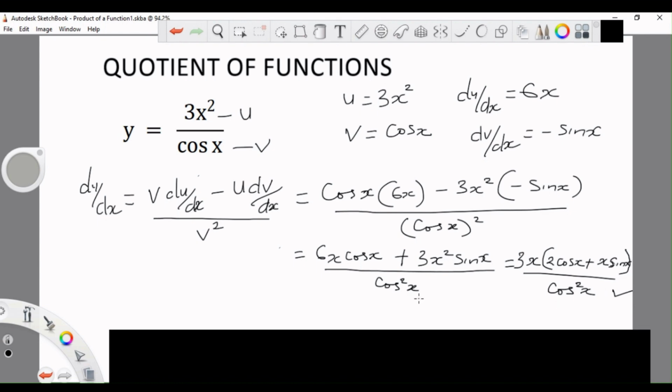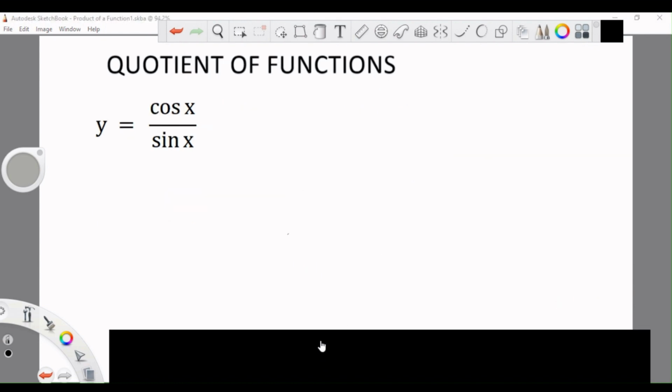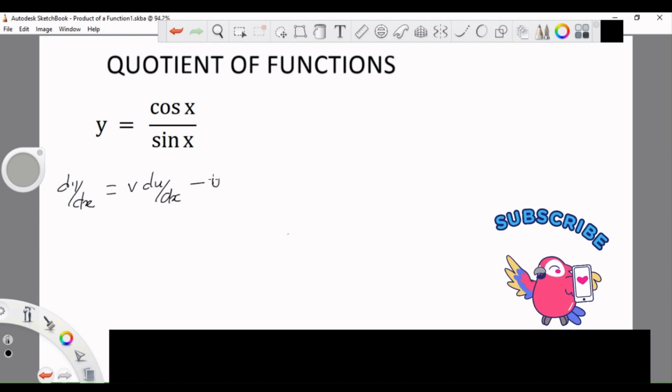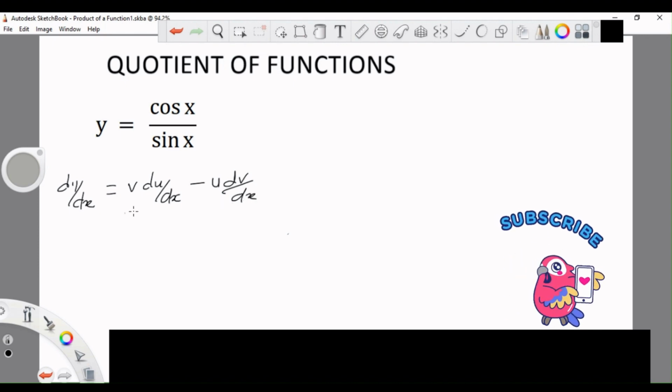Let's look at a different question. Here we're asked to differentiate cos x over sin x. Remember the formula we use to differentiate is dy/dx equal to v du/dx minus u dv/dx over v squared.